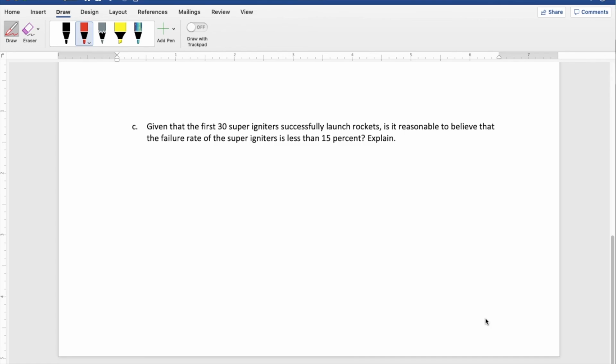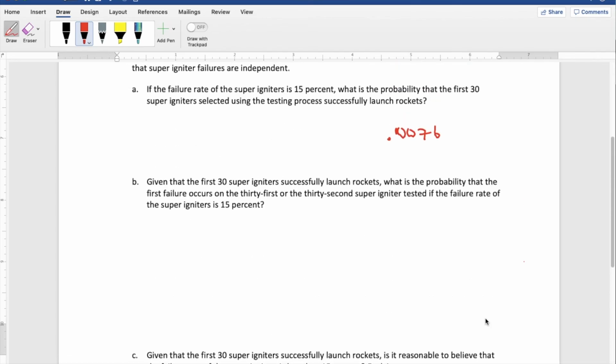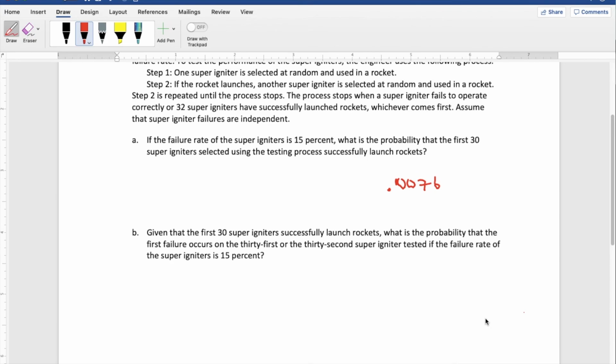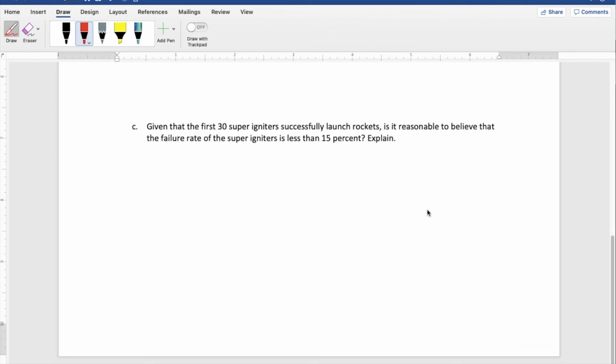So part C is saying, given that the first 30 super igniters successfully launch rockets, is it reasonable to believe the failure rate of the super igniters is less than 15%? So I'm going to go back up here and see that the probability of the first 30 launching successfully, if the true failure rate were actually 15%, is 0.0076. And that is very unlikely.